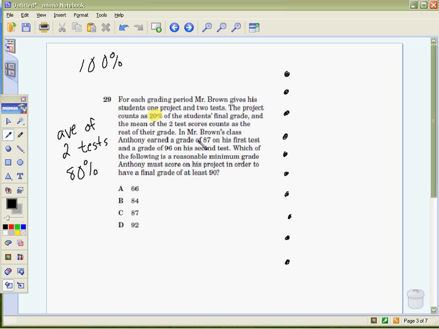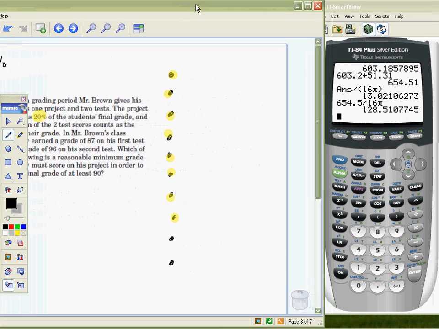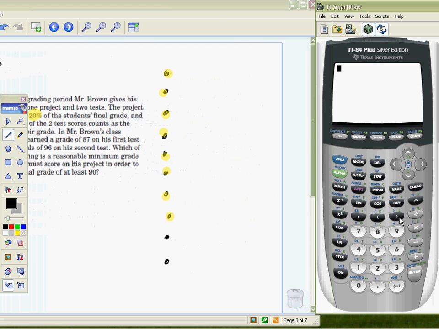And so I need to look at the average of these two tests because 8 of them, 1, 2, 3, 4, 5, 6, 7, 8 are going to be my test averages. So let's look at the average. We have an 87 and a 96. Remember how to find an average. You add them up and divide by how many we have.